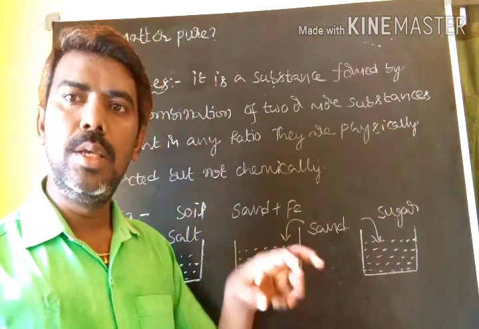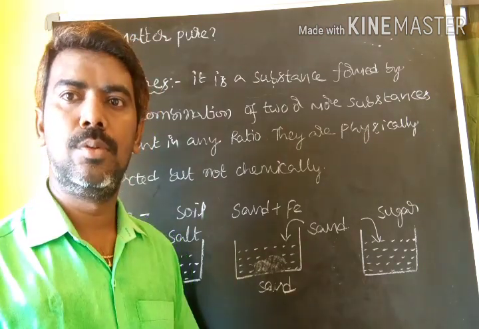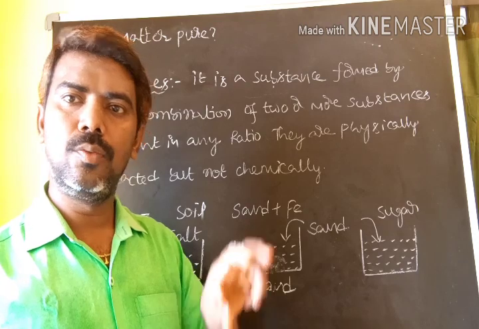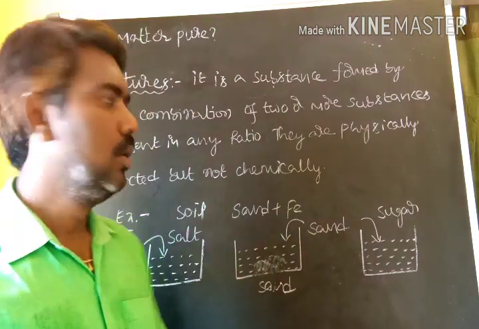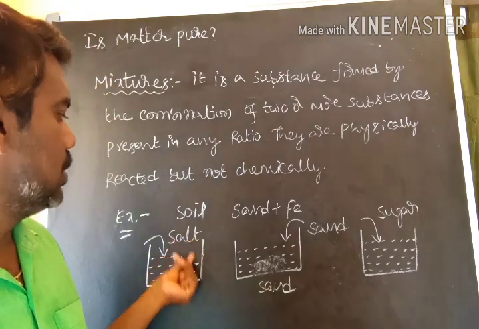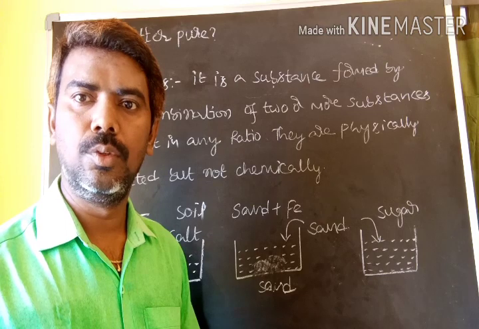Based on these criteria, the mixtures are of two types. It depends on whether the distribution of components takes place uniformly or not. A component is nothing but the substances which are used to make a mixture.